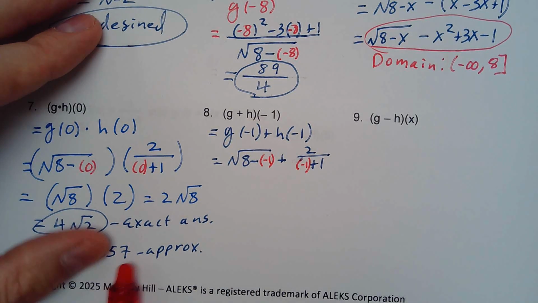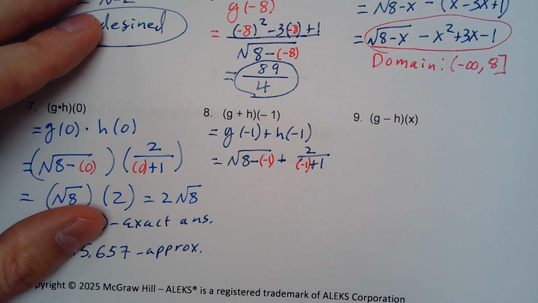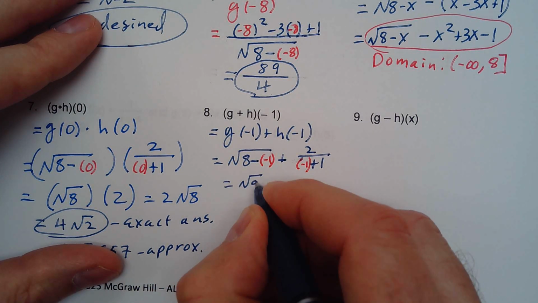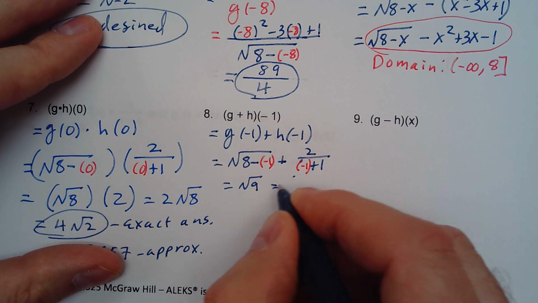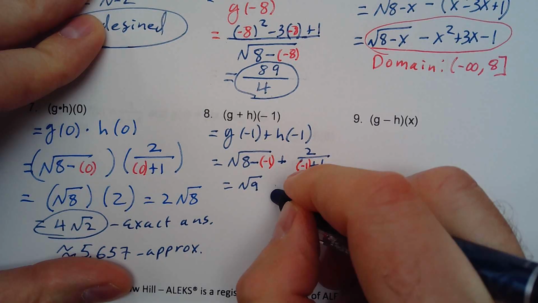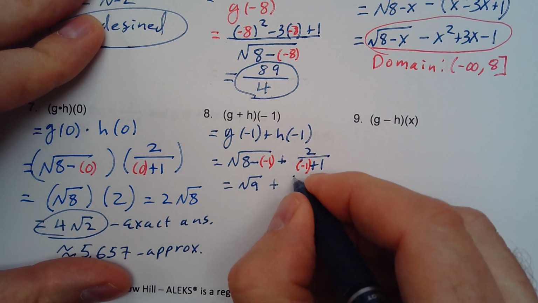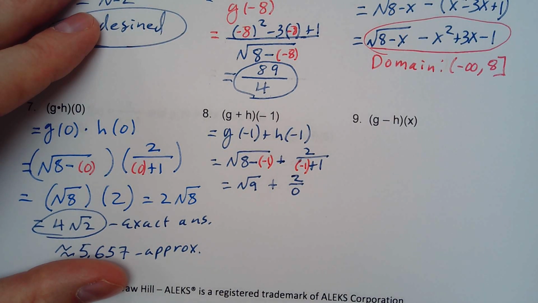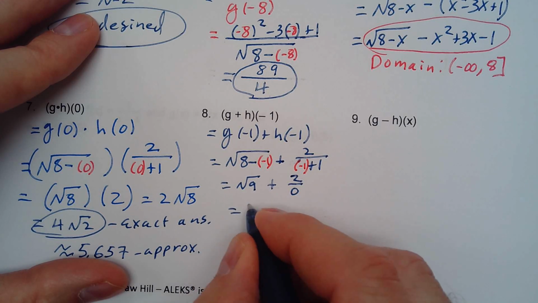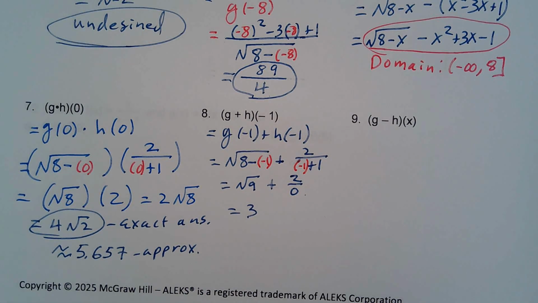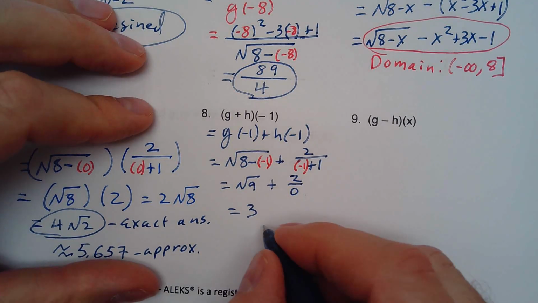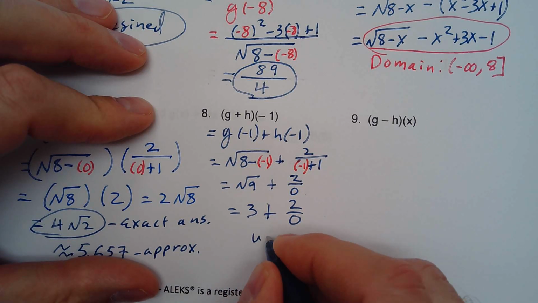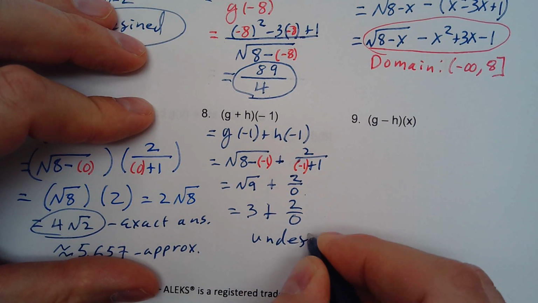Now in that first one, that's just the square root of 9. But this one we get, my bad on that one, plus 2 over 0. That's undefined. It doesn't matter if the square root of 9 is 3. If this is undefined, the whole thing is undefined. So we would say this is undefined. We can't do it. Cannot divide by 0.